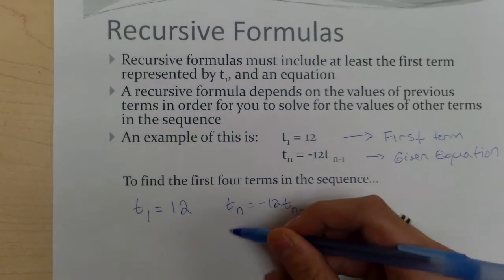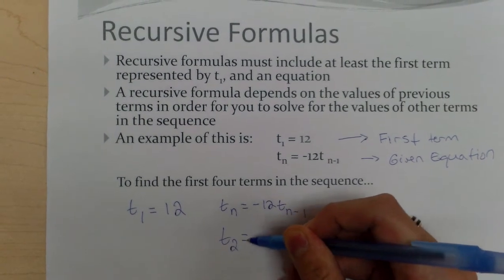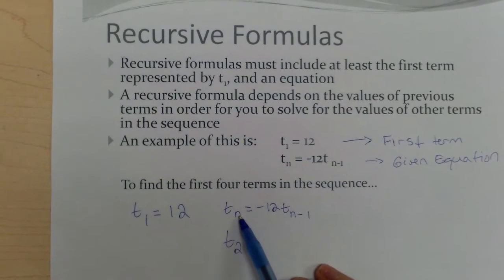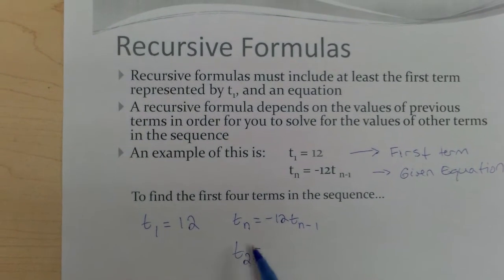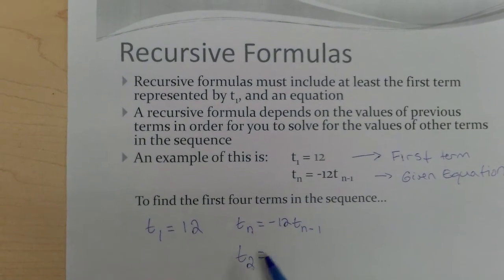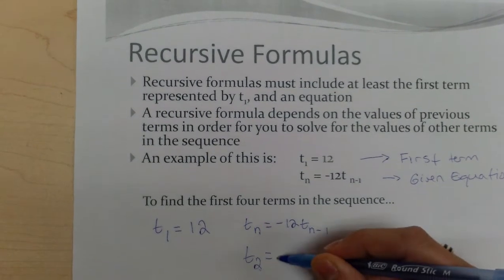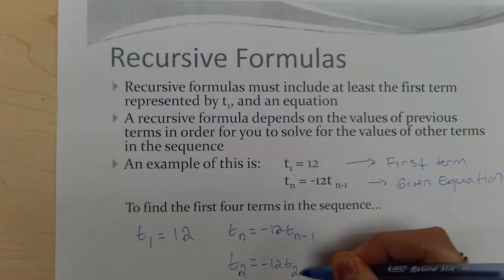Because now, when I solve for this second term, notice I replace the n with 2 because I'm looking for the second term in my sequence. Well, if I replace this n with 2, in the equation I replace that n with 2.